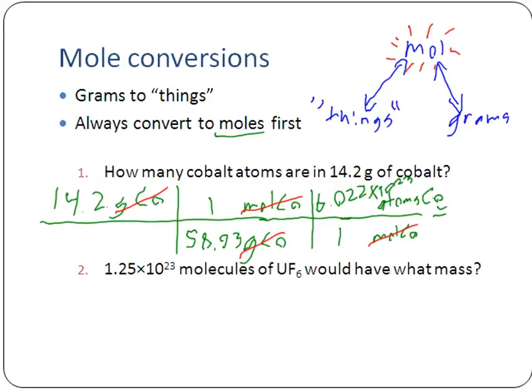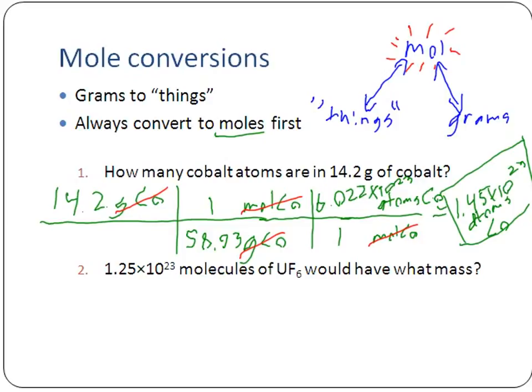So 1.45 times 10 to the 23rd atoms cobalt. And so that is going to be our final answer, 1.45 times 10 to the 23rd. So that's how you'd set that up.